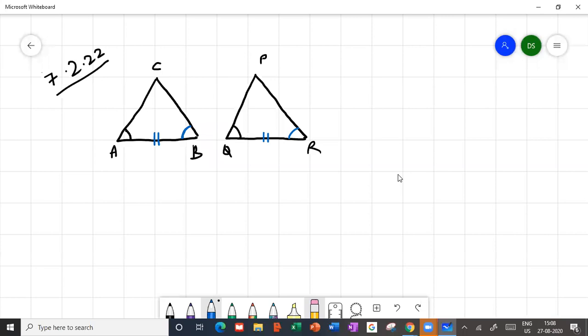Then which test of congruency will this be? SAS. SAS is what? Sorry, AAS. AAS? Again, this is angle, this is side, and this is angle, so it would be ASA.